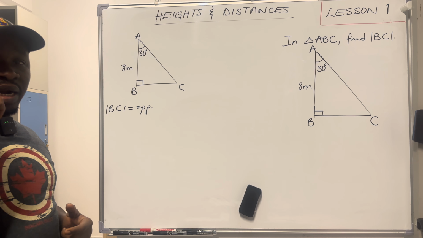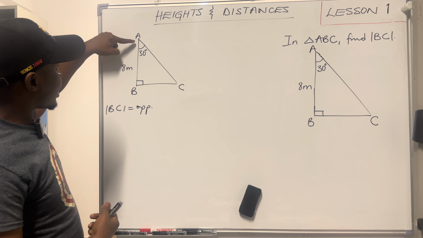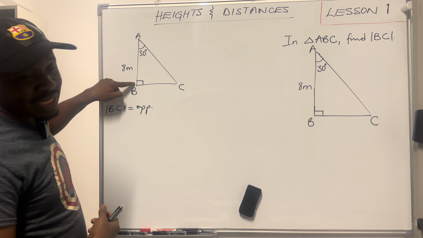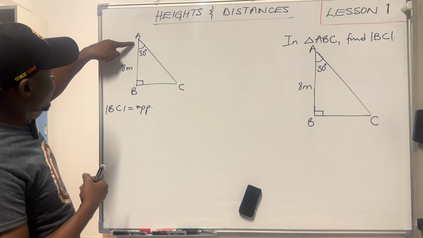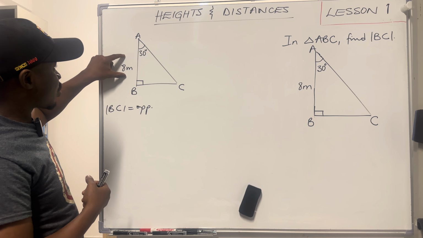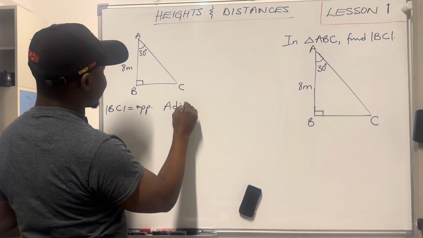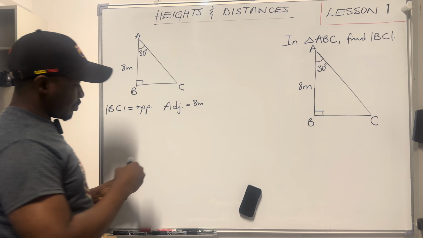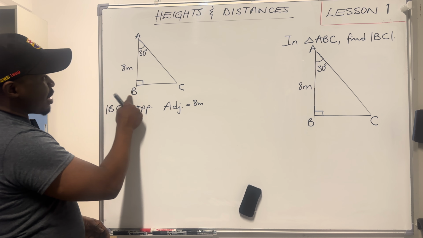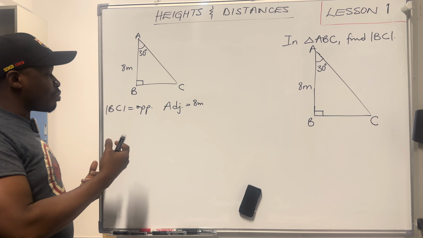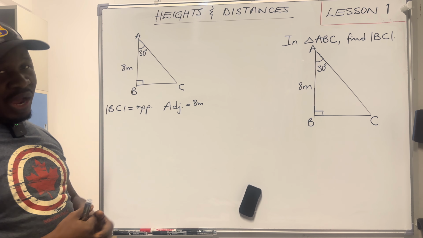The side that lies between the given angle and the right angle, the 90 degrees, is called the adjacent. So the adjacent side is 8 meters. We are asked to find BC, which is the opposite side with respect to the given angle.